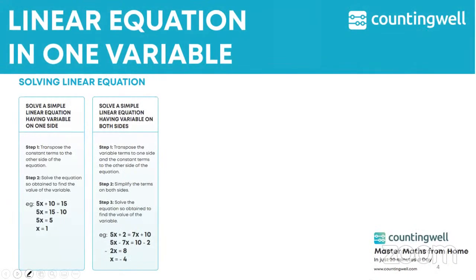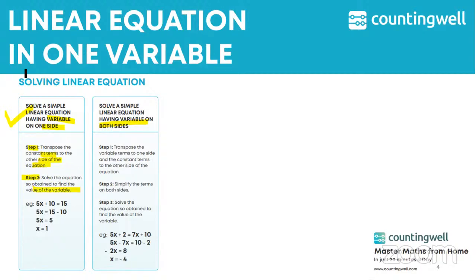Now let us see how to solve linear equation. When it has variable on one side or when it is having variable on both the sides. So for this method, we have step 1 and step 2. First, we need to transpose the constant terms to other side of the equation and solve the equation so obtained to find the value of the variable.